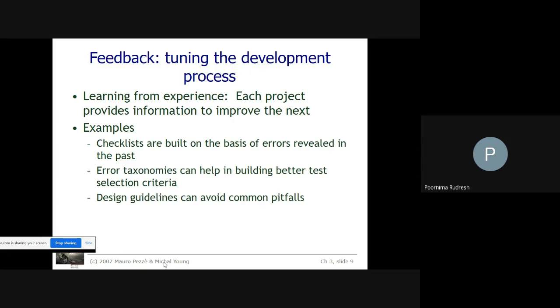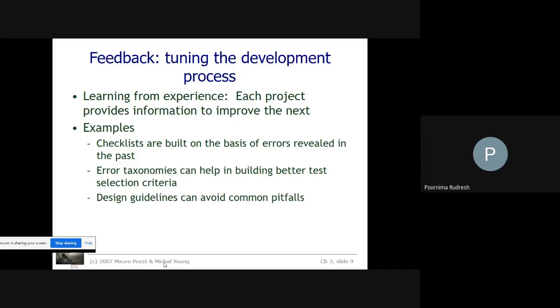So feedback means getting information from the end users, from the testing team, or from the development team.